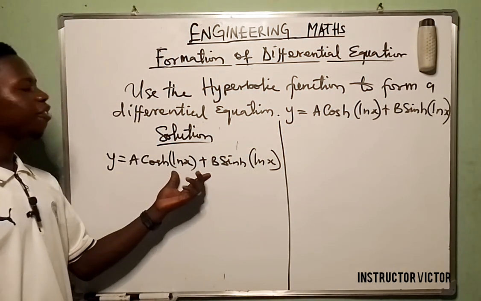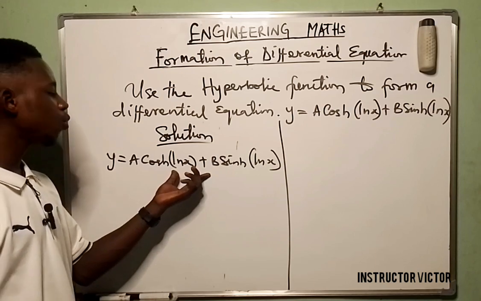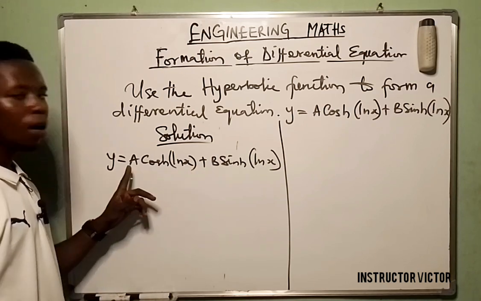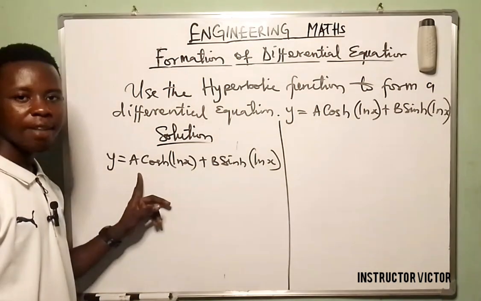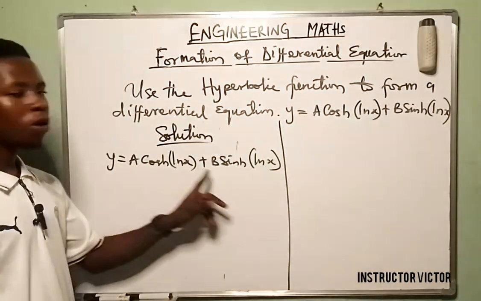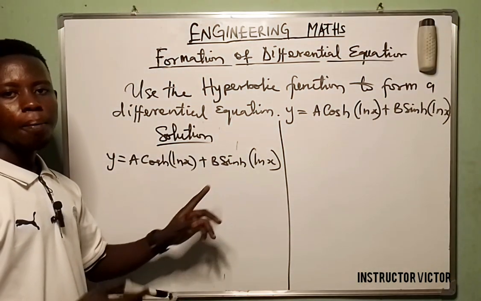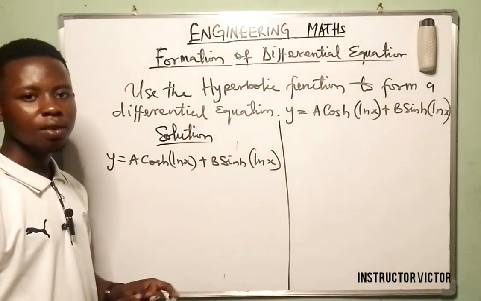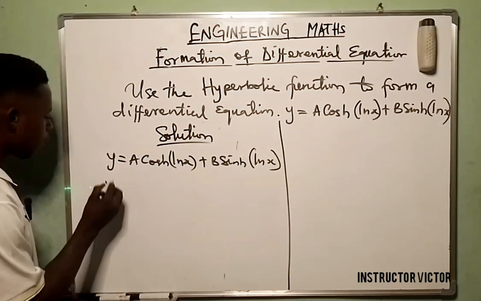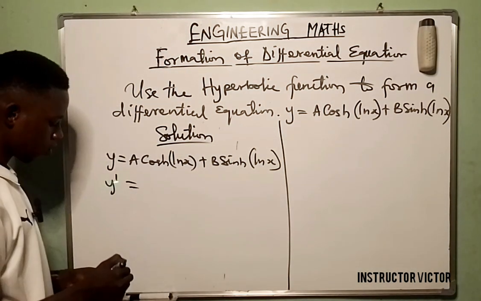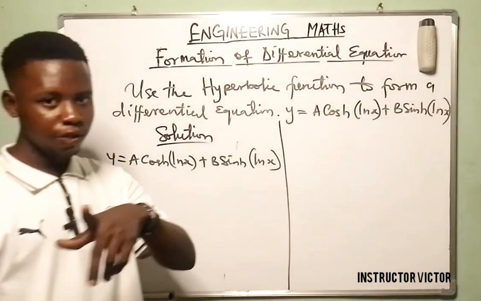Now we are going to be differentiating twice due to the fact that we have two constants, which are a and b.